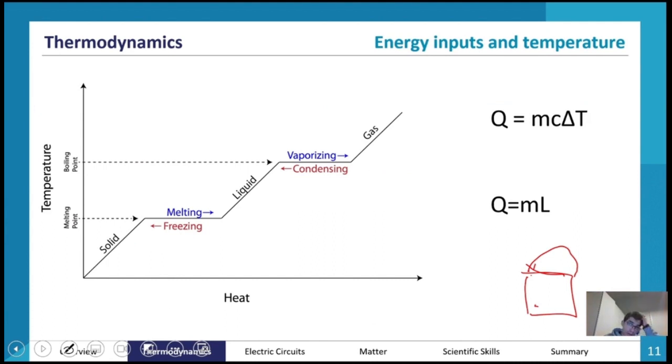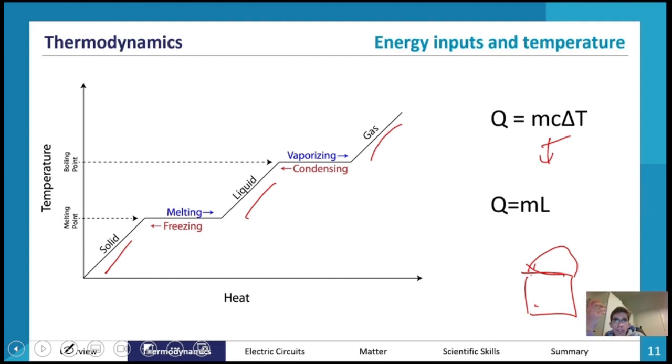The specific heat capacity is different at each stage. And the gradient here actually is indicating the specific heat capacity, or a property of the specific heat capacity. The steeper the gradient, the lower the specific heat capacity, because the easier it is to increase the temperature of the object by 1 degree Celsius, right?